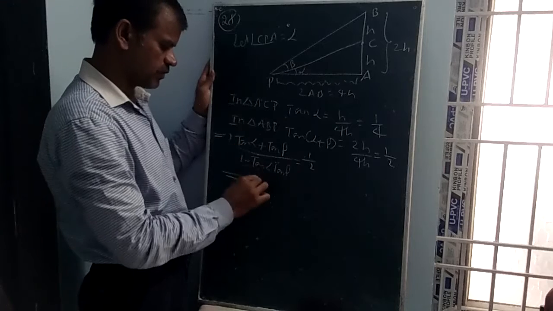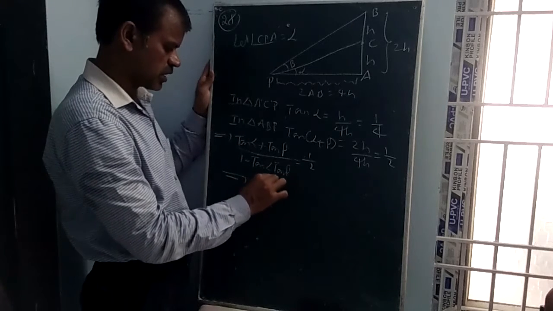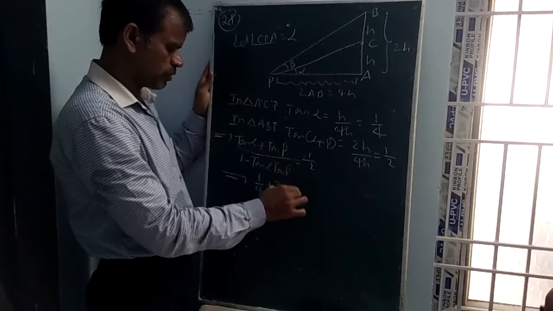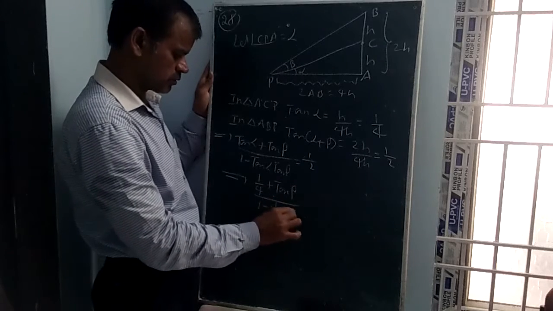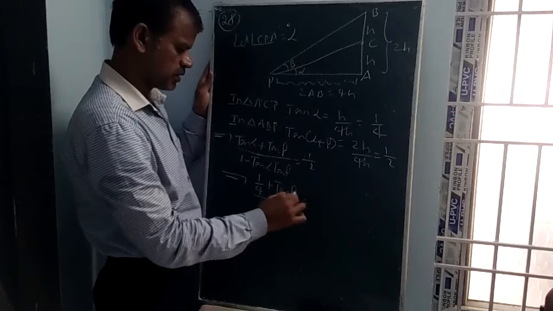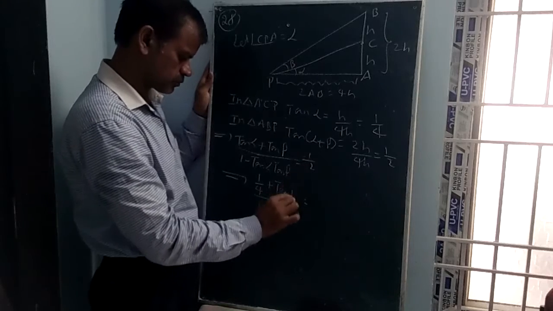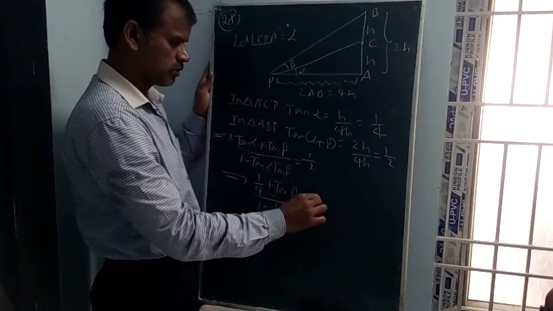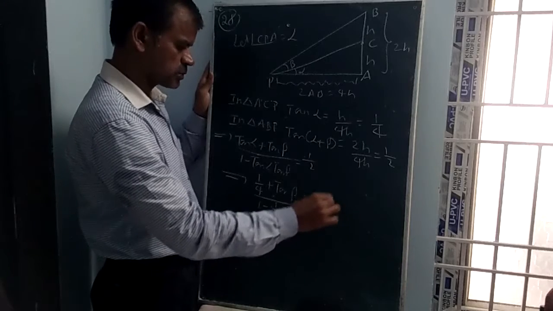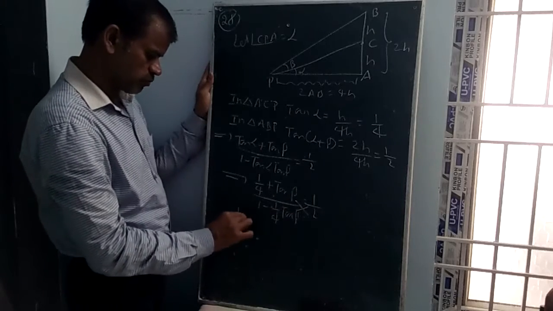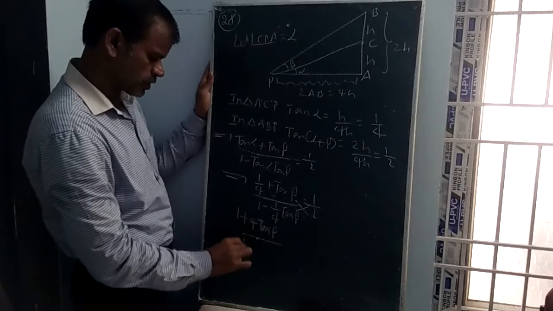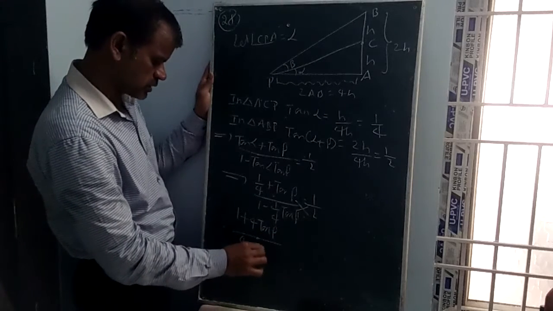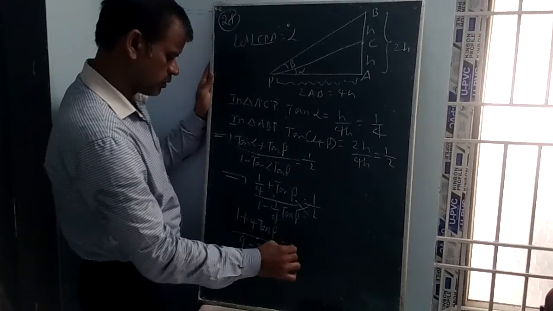Apply the value tan alpha here 1 by 4, you will be getting the answer tan beta. 1 by 4 plus tan beta whole by 1 minus 1 by 4 tan beta equal to 1 by 2, take cross multiplication. So 1 plus 4 tan beta by 4 minus tan beta equal to 1 by 2.